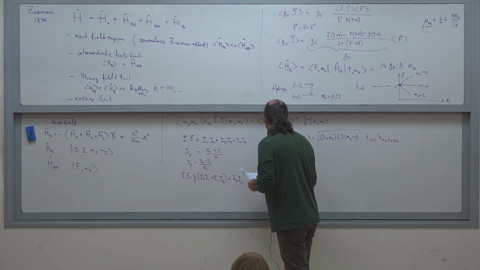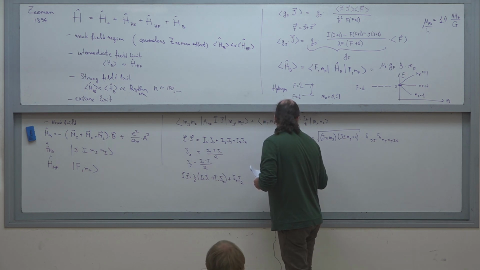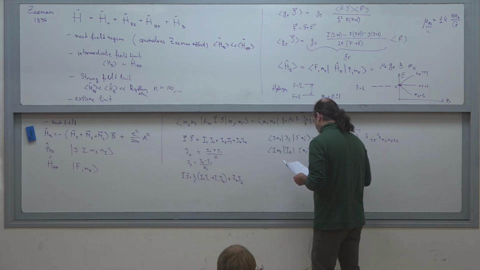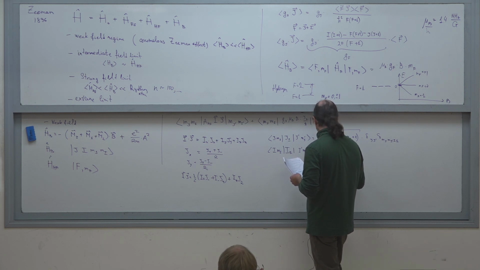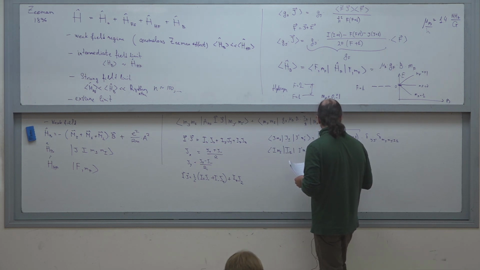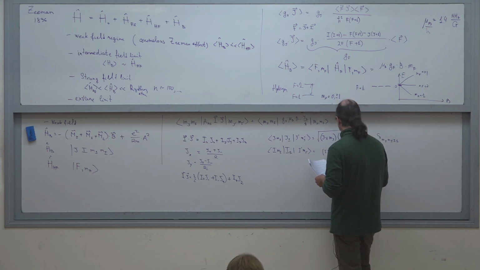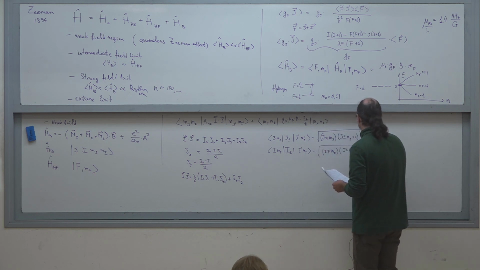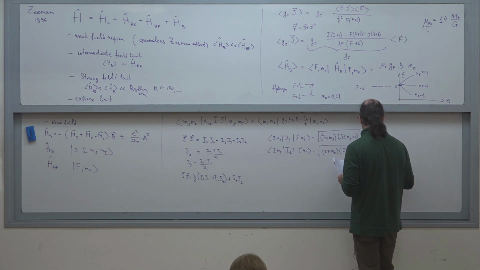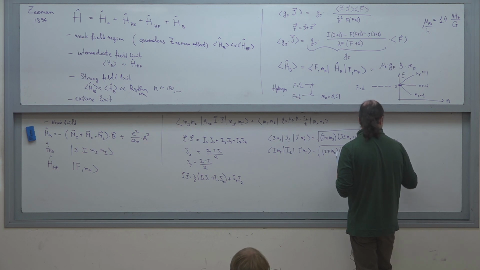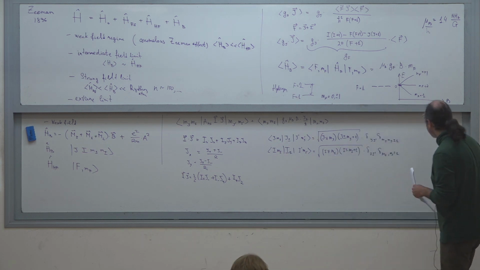Between the state I' and M_I', it is the square root of (I minus/plus M_I)(I plus/minus M_I plus 1), and delta of I', I and delta of M_I', M_I plus/minus 1.